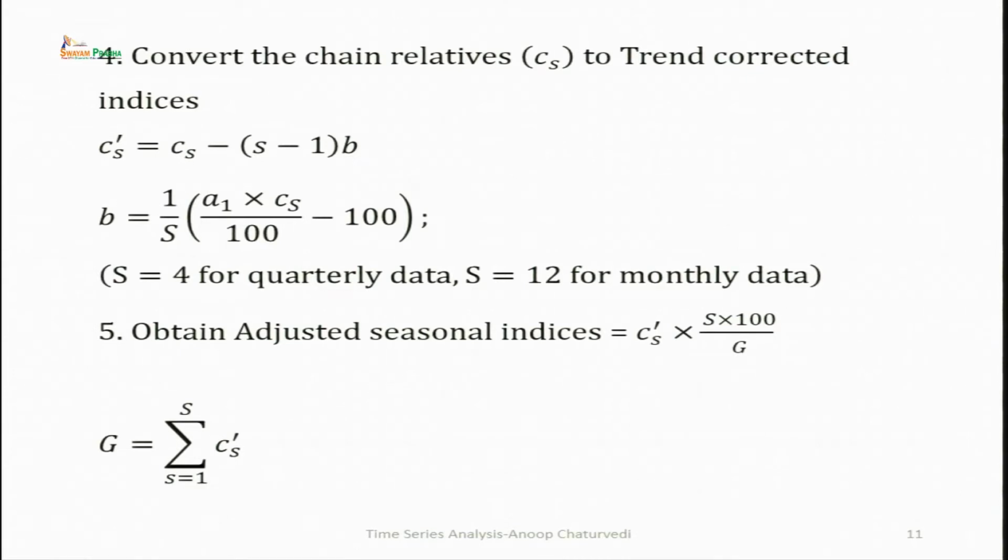So, CS dash is the trend corrected indices, which is equal to CS minus S minus 1 into B, where B is equal to 1 upon capital S. This capital S is equal to 4 for the quarterly data and capital S is equal to 12 for the monthly data, into A1 into CS upon 100 minus 100.